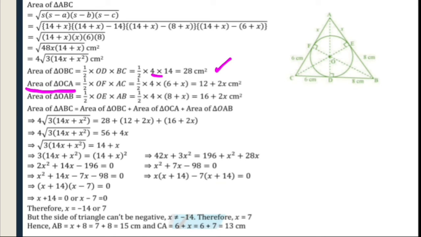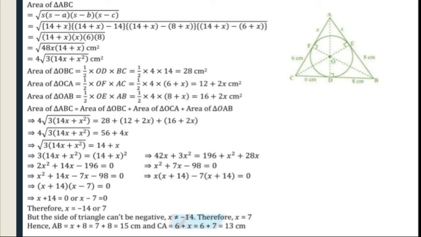In the similar manner, you will find the area of OCA and OAB. In this way you will find the area of these three triangles.